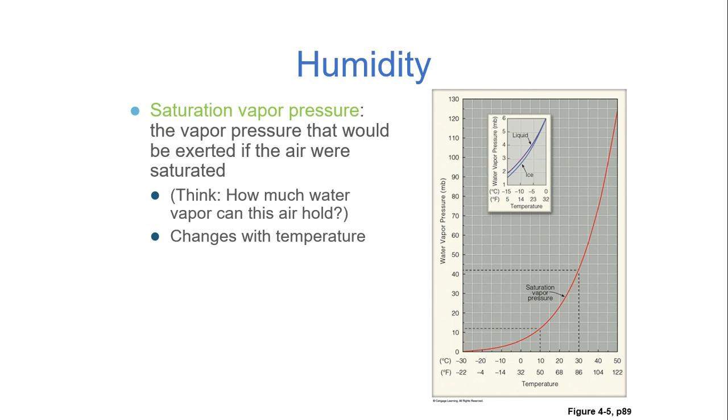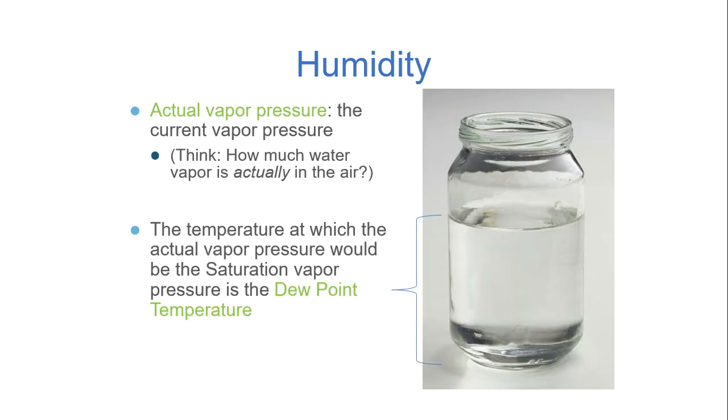Let's say that outside right now it is 86 degrees Fahrenheit. Then we find 86 degrees Fahrenheit on the graph, and then find what the vapor pressure is at that point. That is our saturation vapor pressure. In other words, that's how much water we can hold. In this example, we can hold up to about 42 millibars of water vapor pressure.